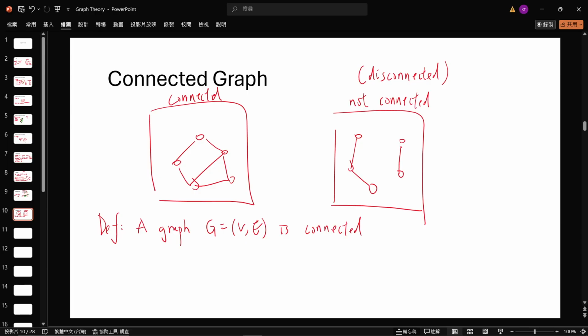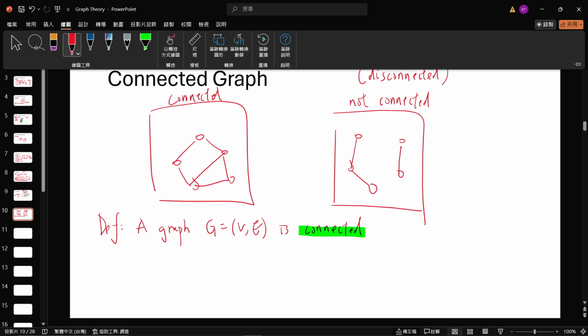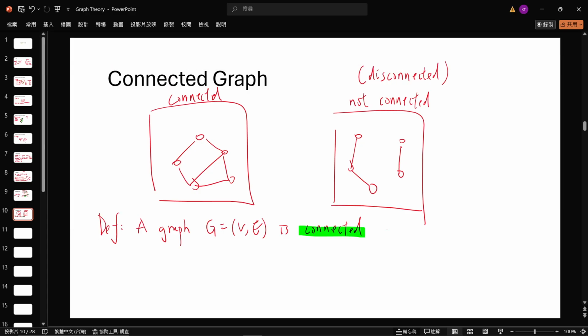Okay, so here we want to define this word connected. I'll first write down the definition according to his, okay? Okay, so this symbol means belongs to, okay, or in, okay?